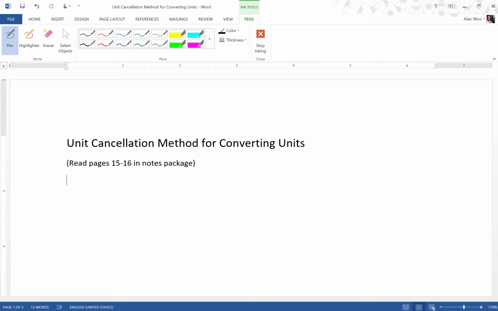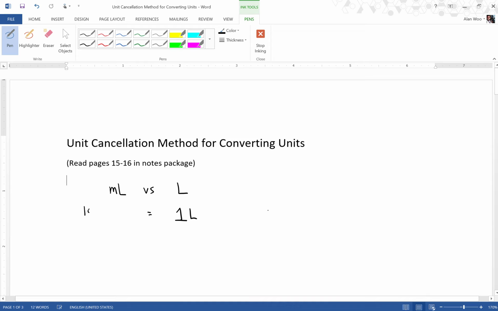I'm just going to go over two main examples here using two different units that we normally would use in chem. For example, a lot of you guys might already know the difference between milliliters and liters. If I had 1 liter, how many milliliters is in 1 liter?